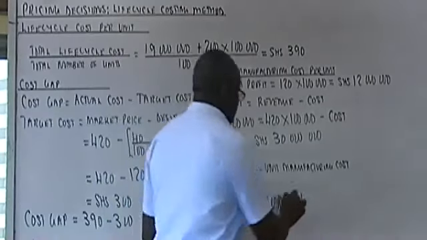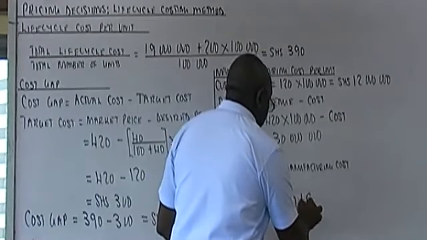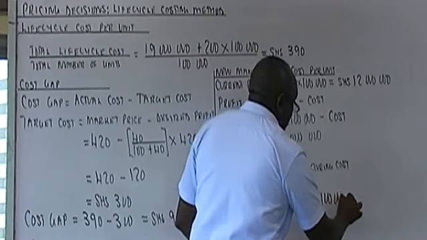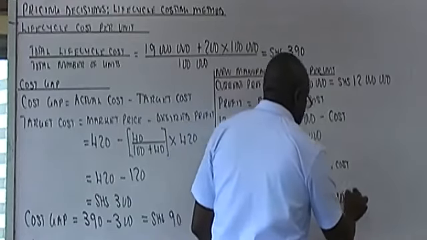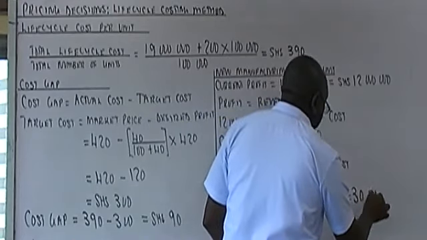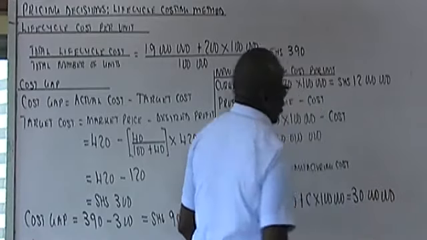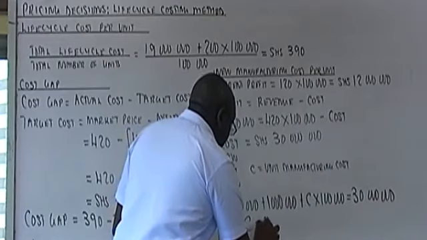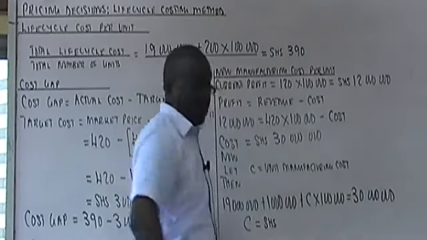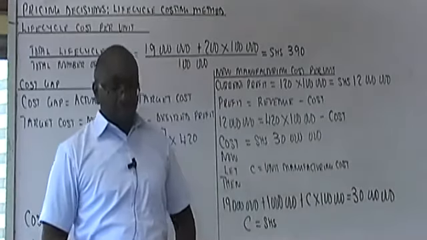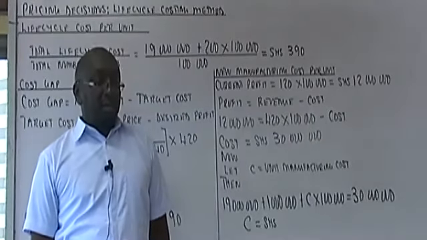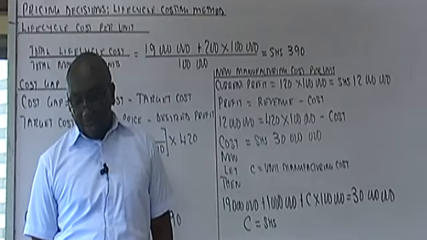So we will say C times 100,000. Now these ones are the ones that should give us 30 million. So I want you to compute and tell me C should be how much per unit.